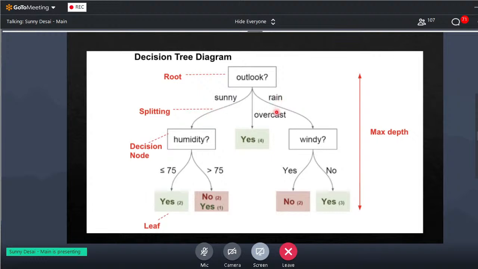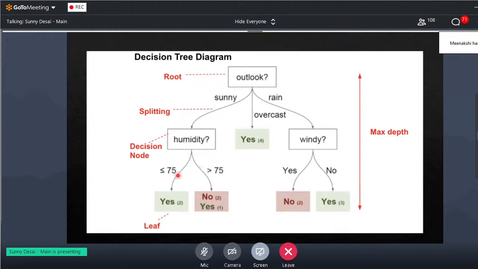Earlier the probability of each of these events was 1 by 3, but now as you select that the weather is sunny, the probability comes up to 1, because we have selected that the weather is sunny. From here we move on to the second parameter, which is humidity.